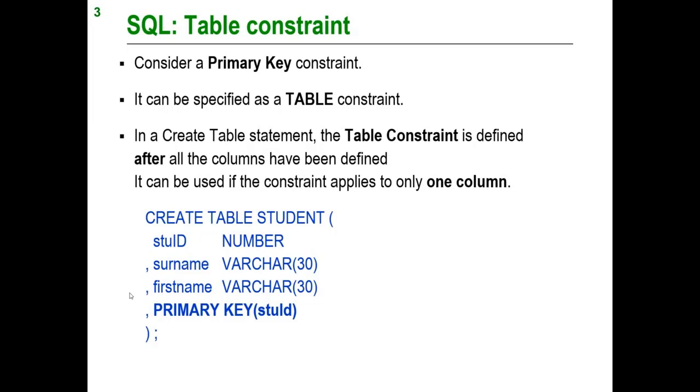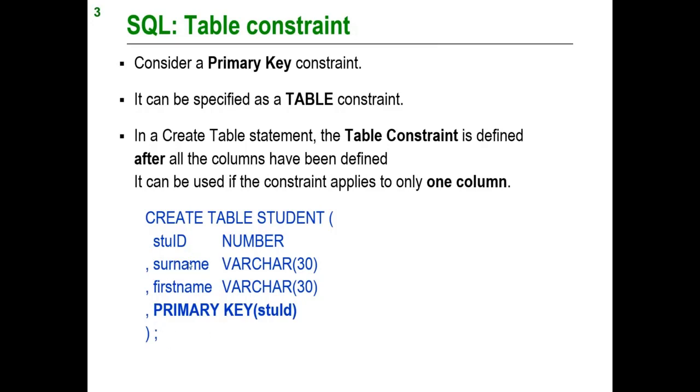A table constraint is a constraint that applies to the table, and we define it after we define all the columns. So in this case, I took the earlier example. Here the primary key I define once the columns have been defined. Actually there's no difference between this and that, because it applies to the same column.